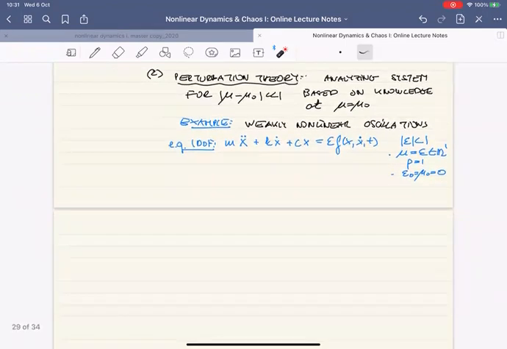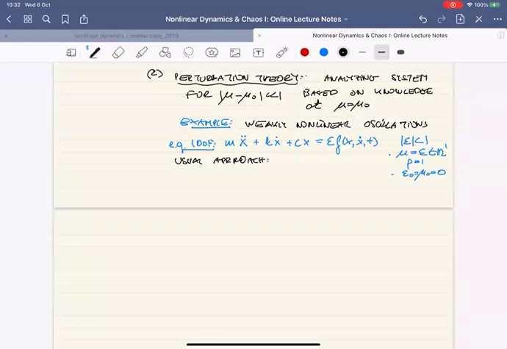Well, when we look at weakly nonlinear oscillations, then we basically follow the usual approach, which would be perturbing off. So expand near the null solution. Expand in epsilon near linear solutions, which is null.